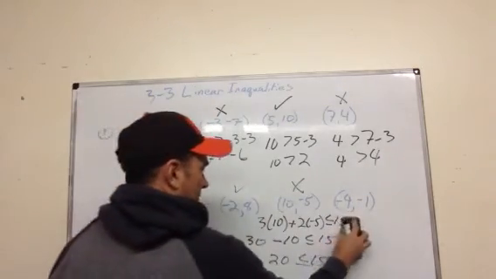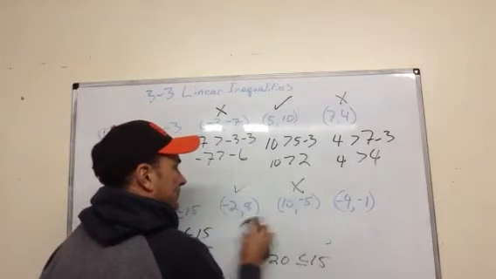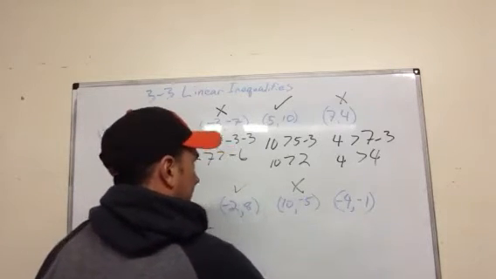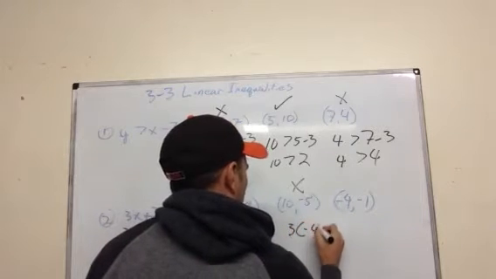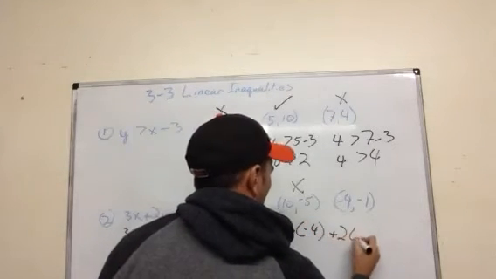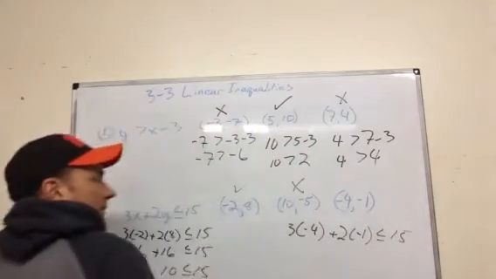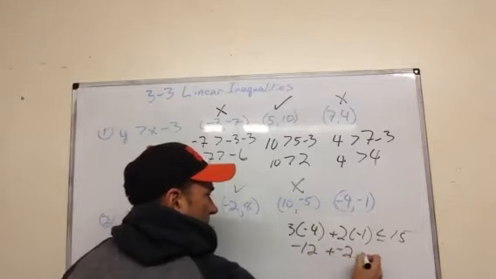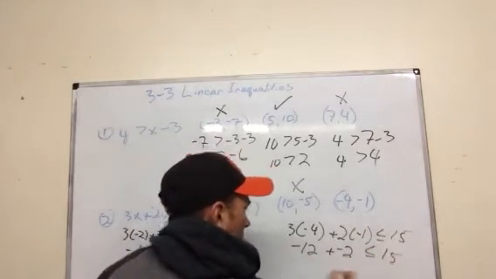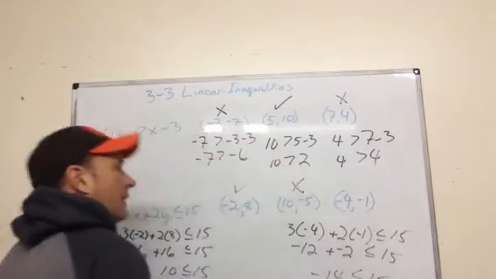I'm going to erase this just so you can work on this last problem. Three times negative 4 plus 2 times negative 1 less than or equal to 15. Negative 12 plus negative 2. We end up with negative 14 less than 15.